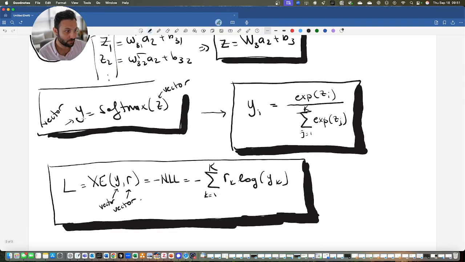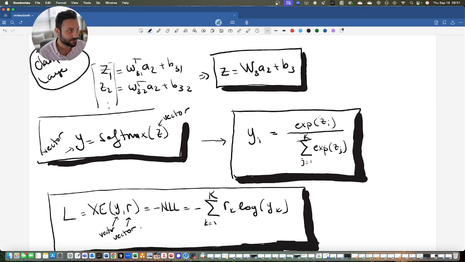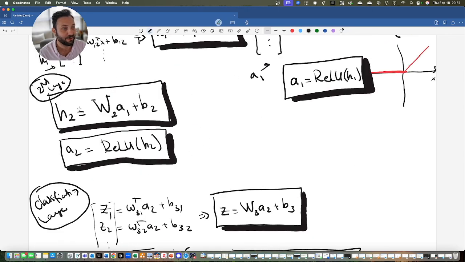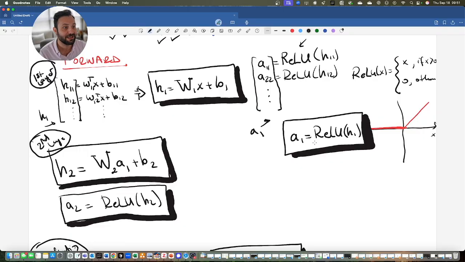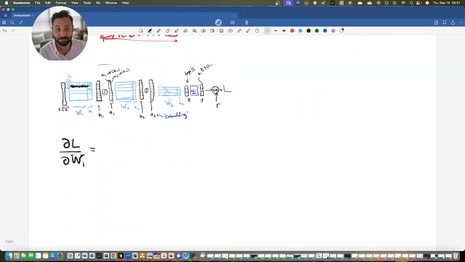We know in the forward that L is composed of Y, and Y is composed of Z. I get Z from A2, and I get A2 from H2, and I get H2 from A1, and I get A1 from H1, and guess what? I get H1 via W1. So W1 affects my loss. But in order to calculate it, we use the chain rule.